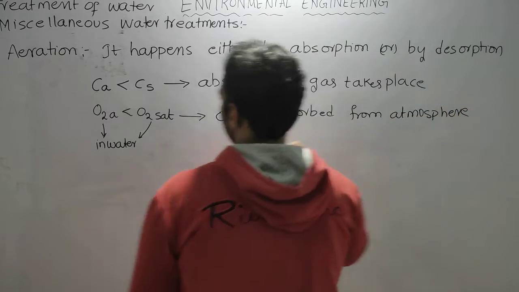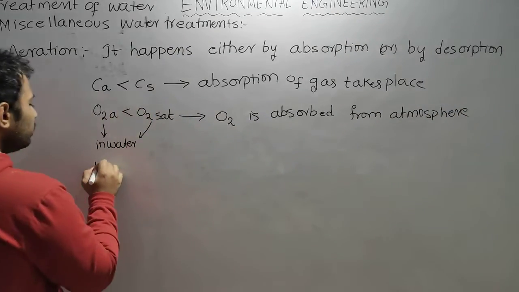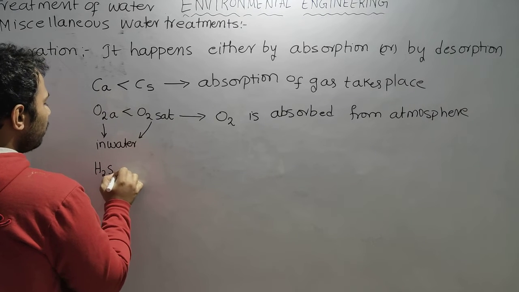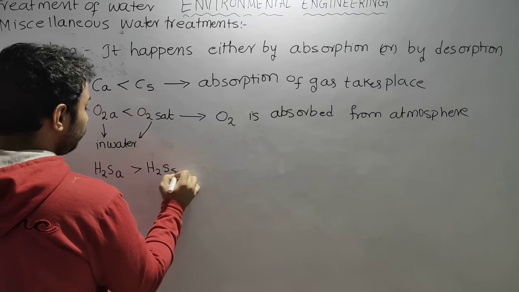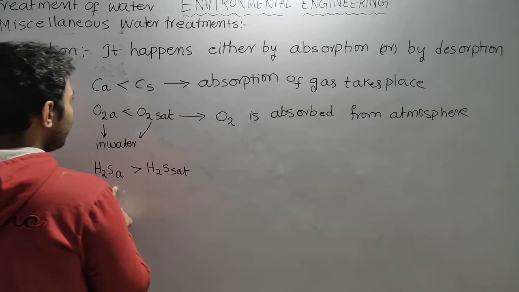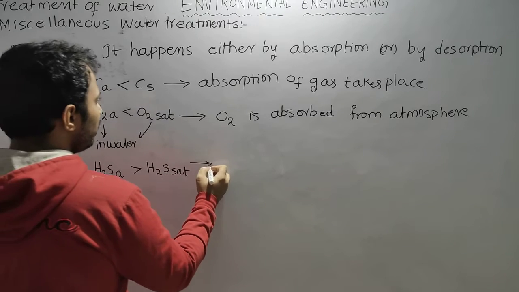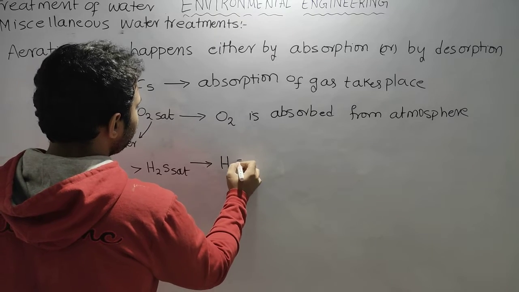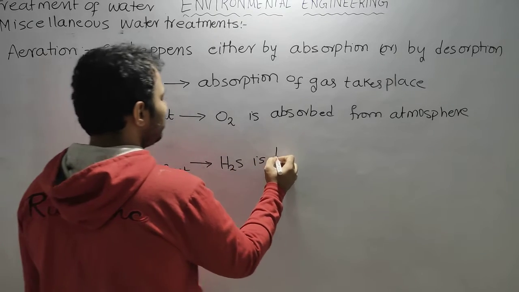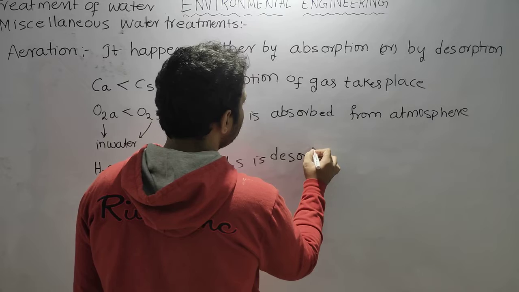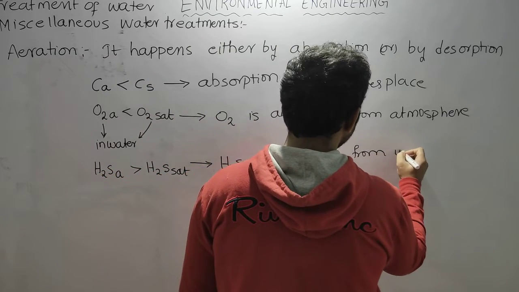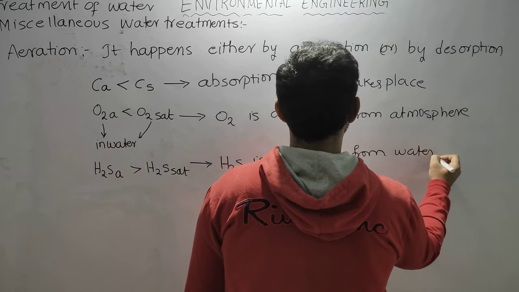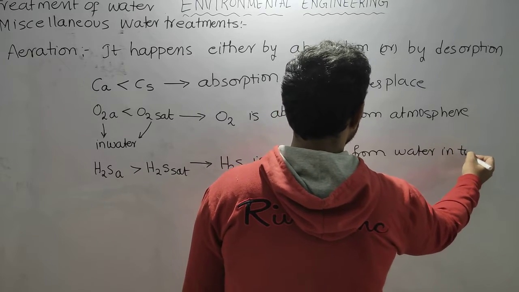If, for example, the H2S gas actual concentration is much higher than the H2S saturation, then in this case what happens? The dissolved H2S is released from the water into the atmosphere.